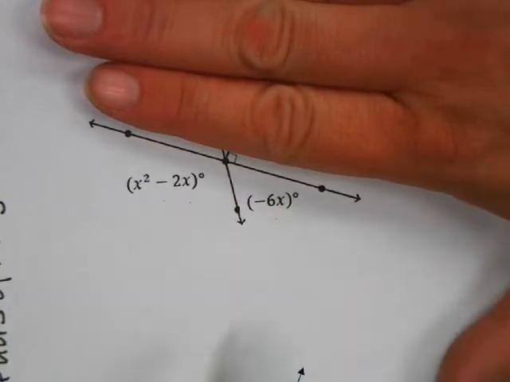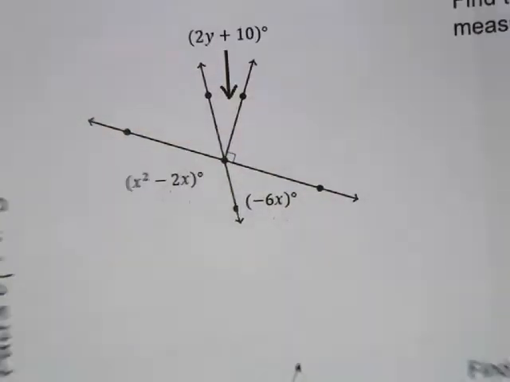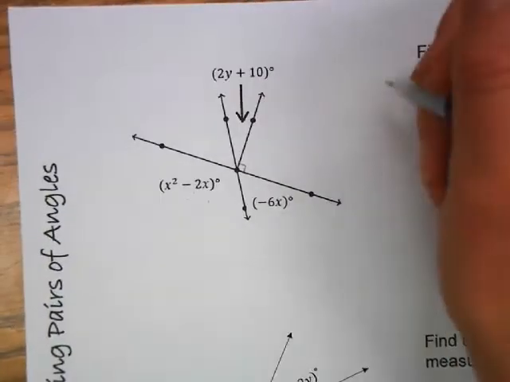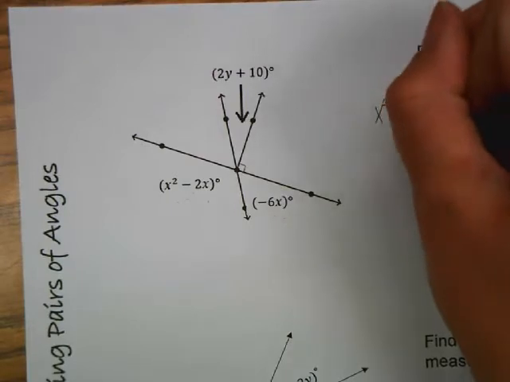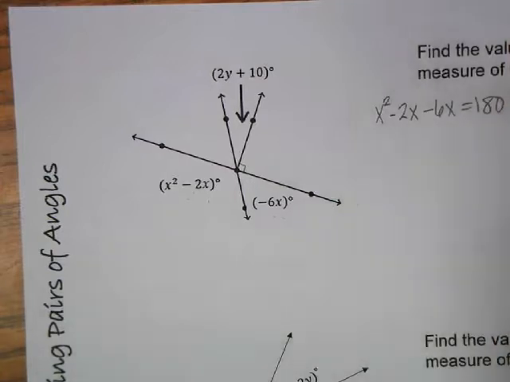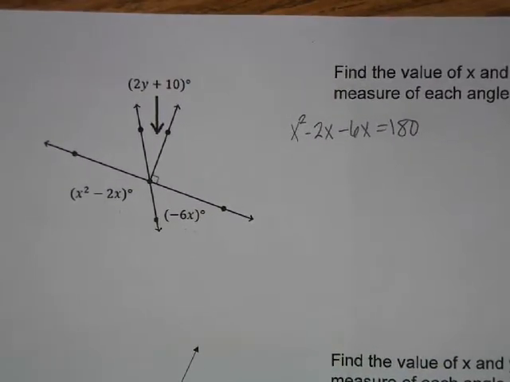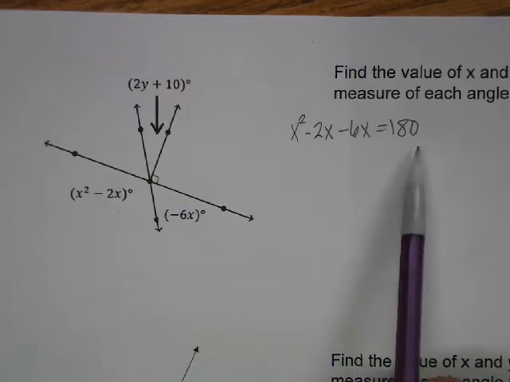So I could set up an equation where I add up these two angles and set it equal to 180 degrees. So you'll have x squared minus 2x minus 6x equals 180 degrees. That's using your definition of a linear pair, because linear pairs are supplementary.